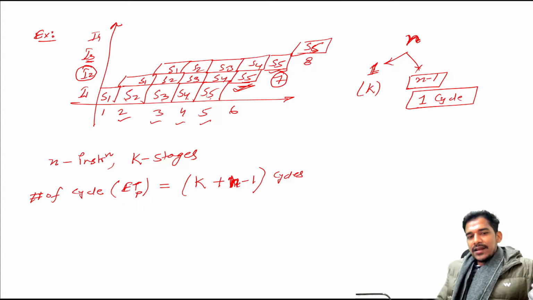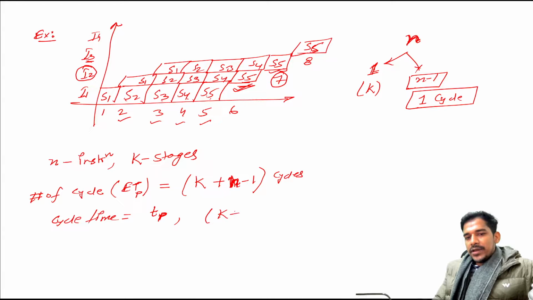If let us say the cycle time of pipelining is TP, then the execution time in seconds, nanoseconds or milliseconds will be (k + n-1) × TP, that is the cycle time, right? So this will be the execution time in case of pipelining. And when you have enough instructions, the CPI of the pipelining will become 1.